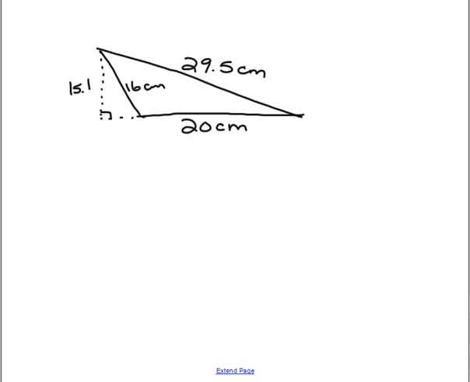I've just got the 20 of the actual base of the triangle. So this area is 1/2 of 20 times 15.1, the actual base of the triangle and its altitude. From the highest point, if you drop the plumb line down, how far is that? And again, it doesn't matter the order here, either one's good.